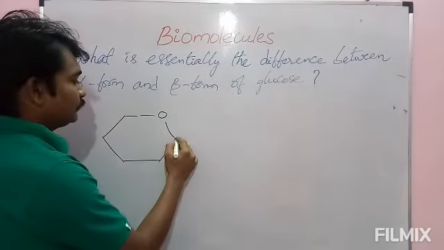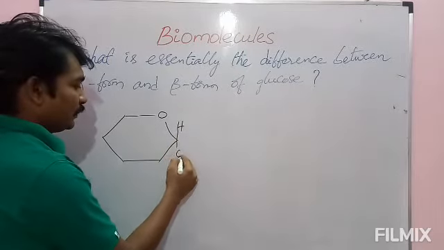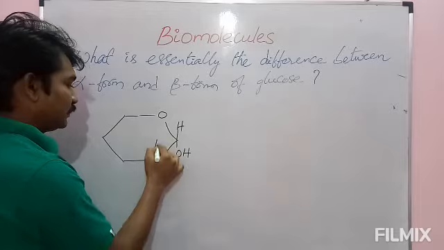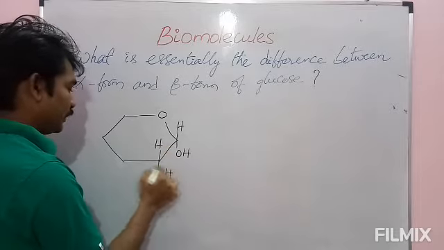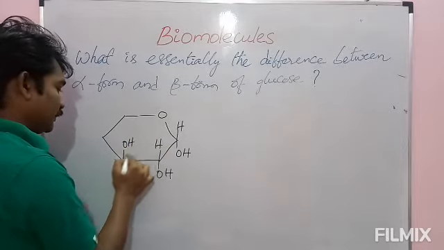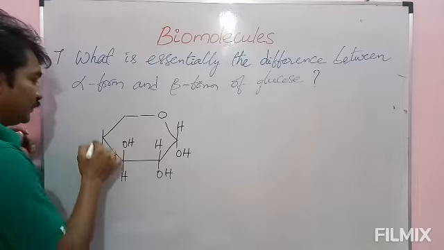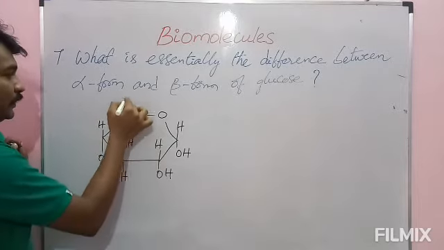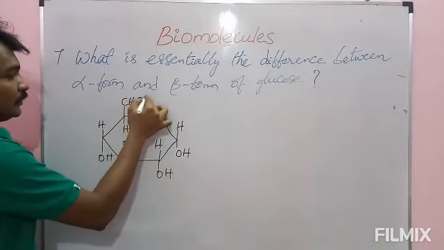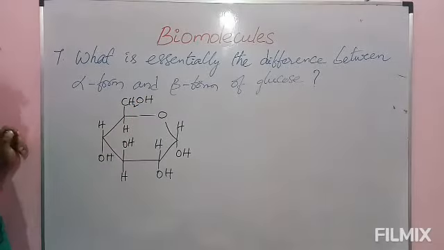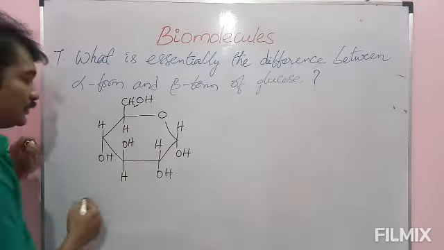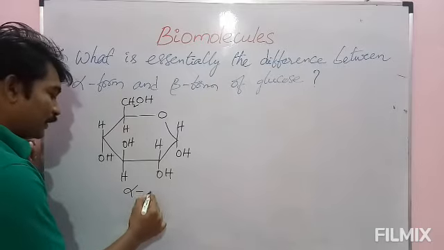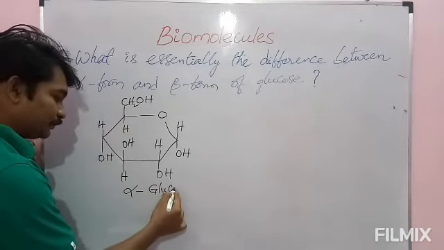See here, HOH, HOH, OHH, HOH, CH2OH. This is the alpha form of glucose. We already discussed in previous questions.